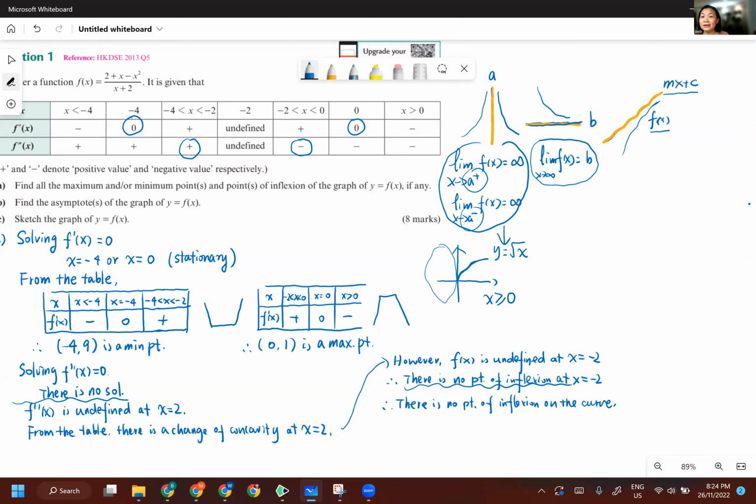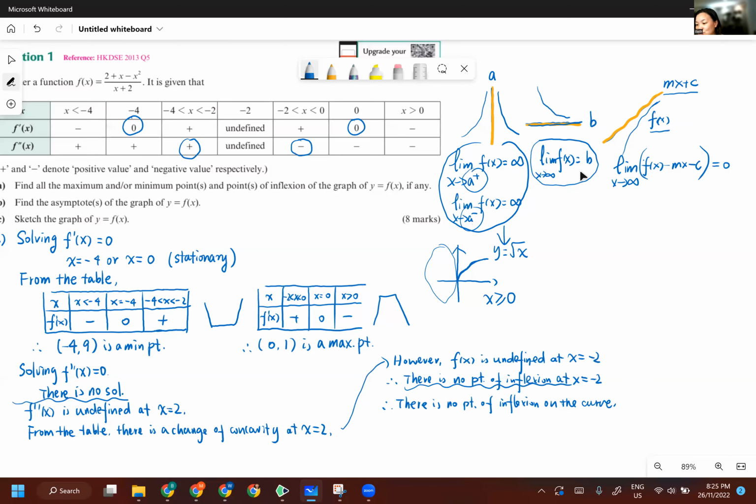How do I say they get closer and closer to each other? I will write a formula that's a limit. When x tends to infinity, f of x minus (mx plus c) equals 0. That means this curve and this straight line are closer and closer to each other at infinity. If you can find something like this, then there is an oblique asymptote.